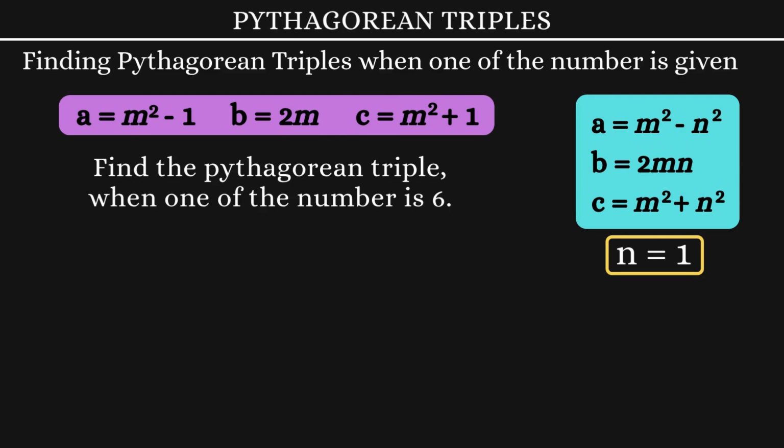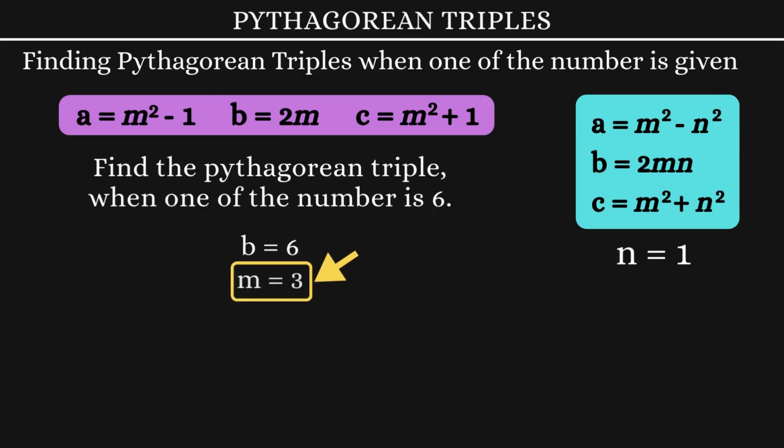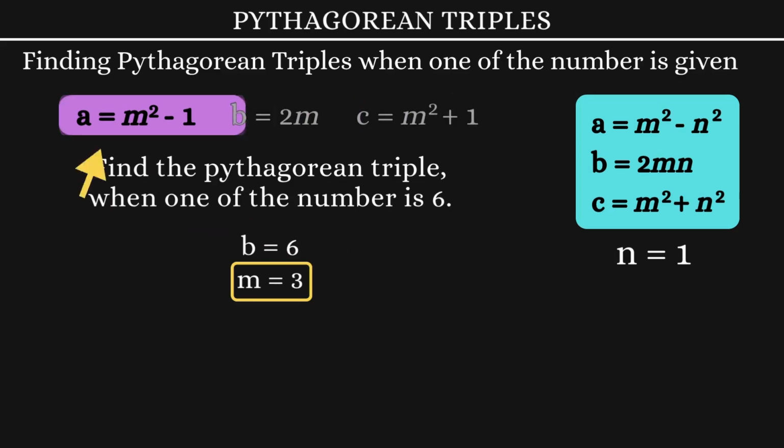Now coming to our question. The given number is 6. If we assign this number to B, we can get the value of m to be 3. And since we have the value of m, we can find the value of A, which is m squared minus 1.